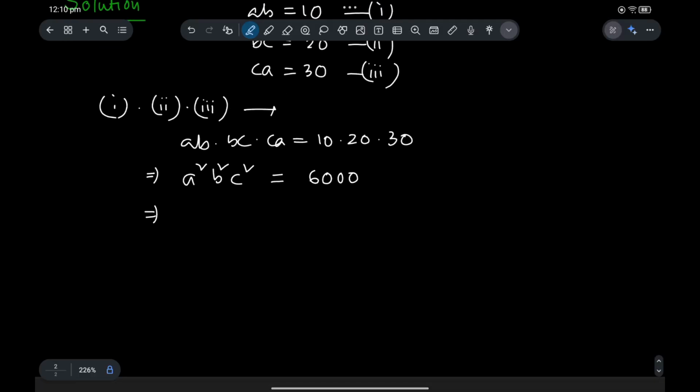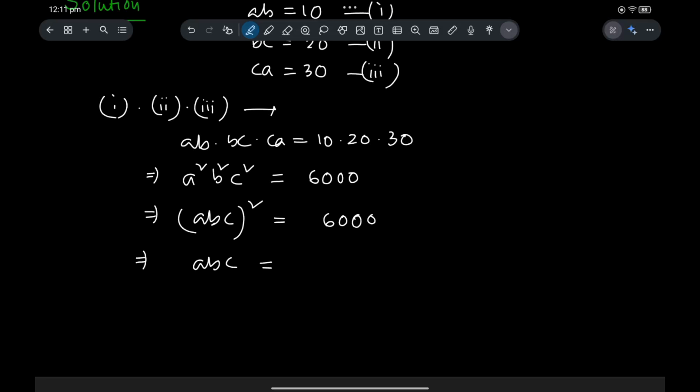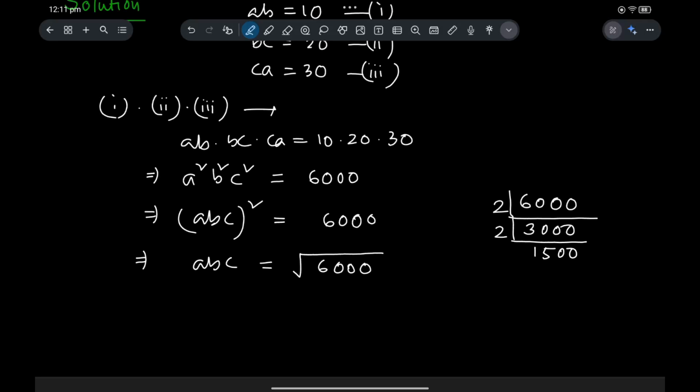So we can write (ABC) whole squared equals 6000. So now we can write ABC equals root of 6000. So if we break 6000, we get 3000. Again divided by 2, we get 1500.